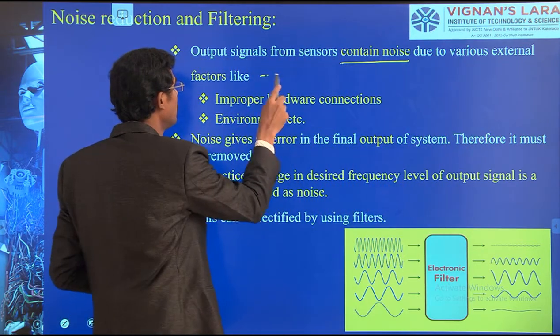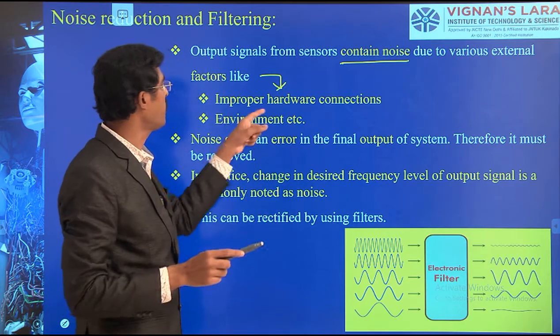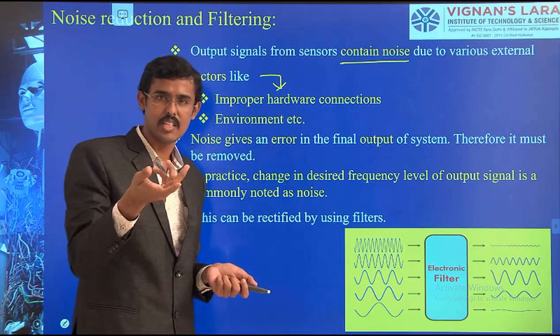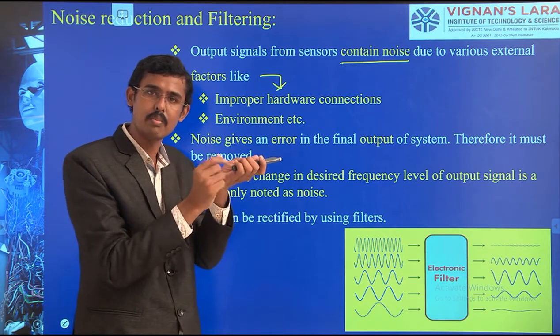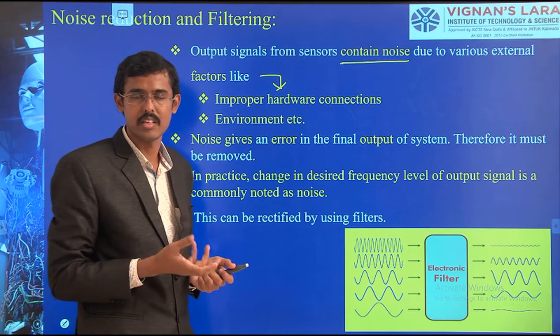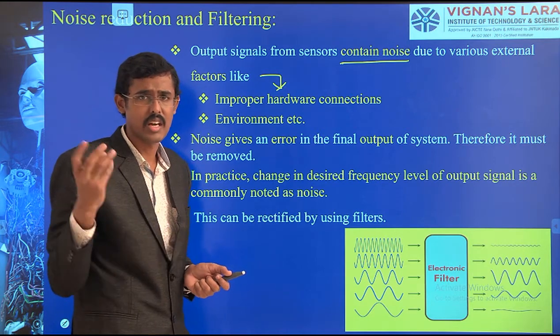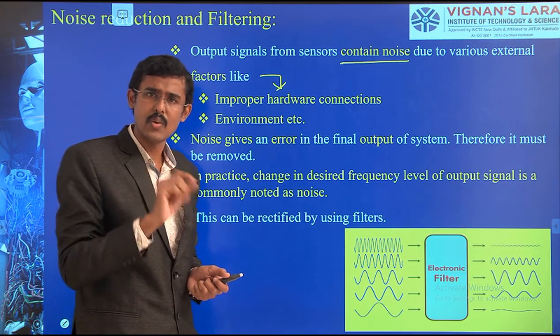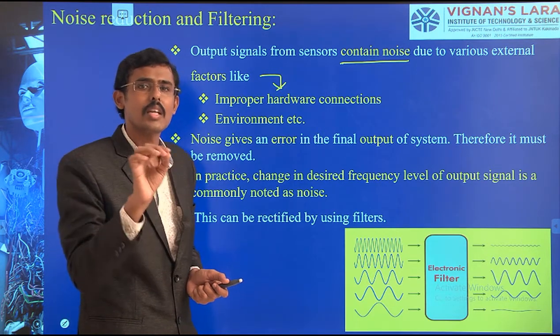What are they? Maybe improper hardware connections. We have seen this noise in TV channels when the cable connection is not plugged in properly. Some frequency will change slightly, some shaking will happen in the TVs. Noises will come in the radio also, in the phone also.